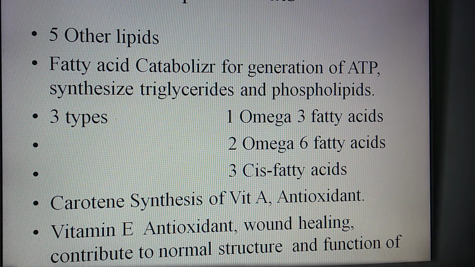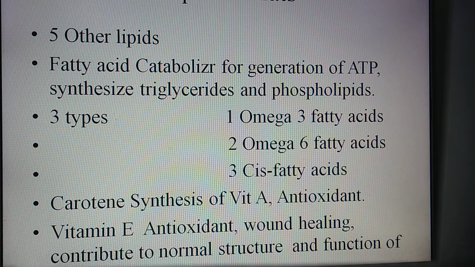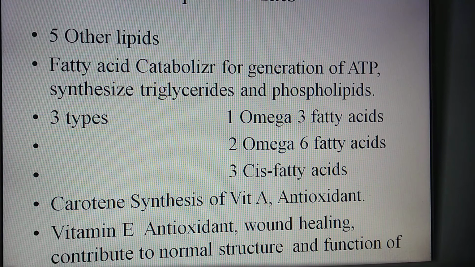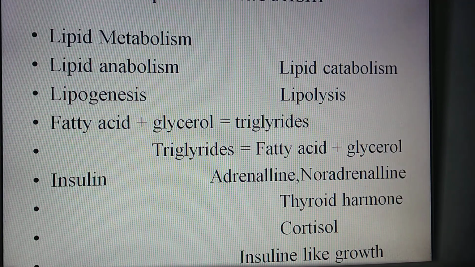These are called free radicals, which destroy the body cells. Antioxidants are the substances which destroy the free radicals. So, they are very important for us, antioxidants. So, carotene and vitamin E are important antioxidants, we should remember.